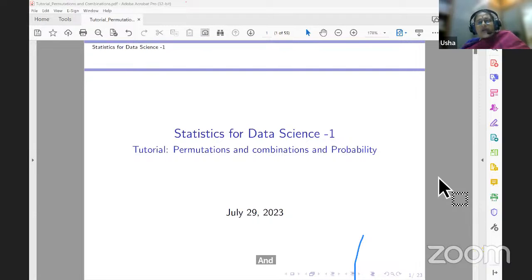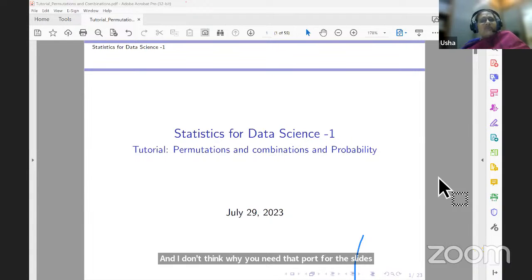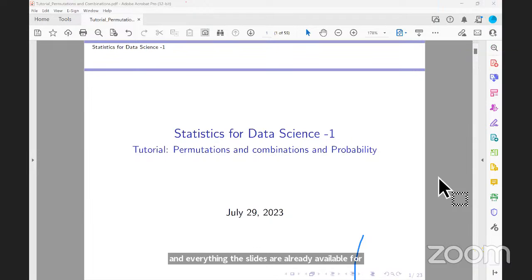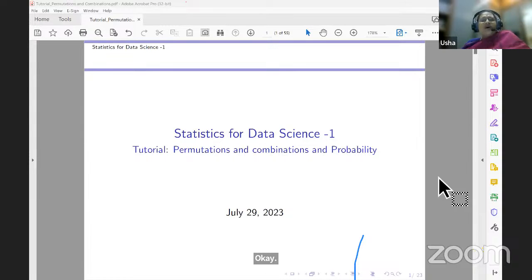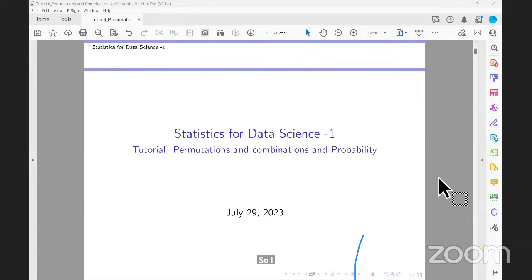I don't think you need a tech code for the slides and everything. The slides are already available for registered students. Ma'am, can I leave because I have not opted for the statistics course? People who have not opted can always leave. I think we want to start ahead. Thank you, ma'am. Okay, ma'am, I am leaving.